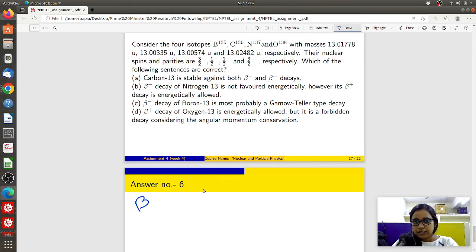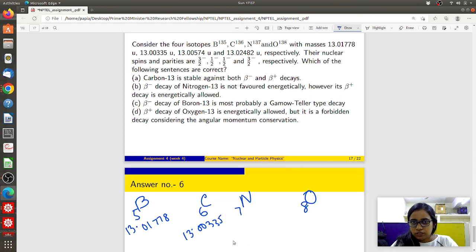What is that? Boron, carbon, nitrogen, oxygen. I think you all know that carbon is 6, nitrogen 7, oxygen 8 and boron is 5. And the masses, I am writing here 13.00335, 13.00574, 13.02482.